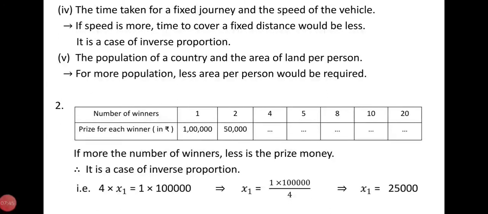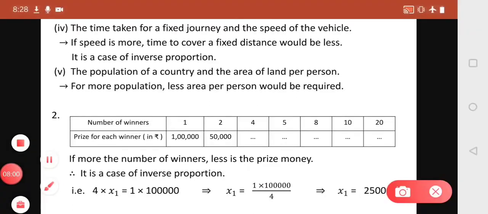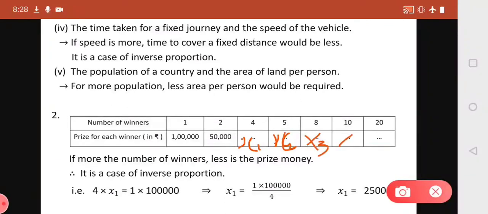We have learned that in this case the product is constant. So we take 1 into 1 lakh equal to 4 into x1. Here we will suppose that this is our x1, this is our x2, this is our x3, this is x4, and this is x5.